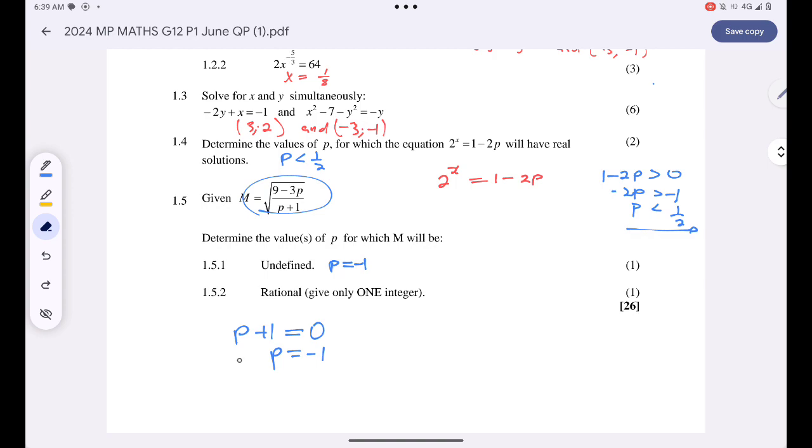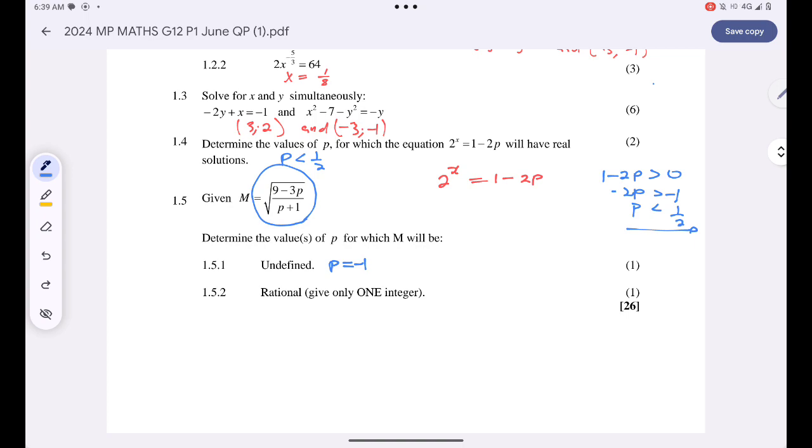The values of p so that m will be rational. Over here, guys, you can simply do your trial and error. Just find any value of p that will make you get an integer, or even if it's not an integer, any answer which is not under the square root. Just do your trial and error.